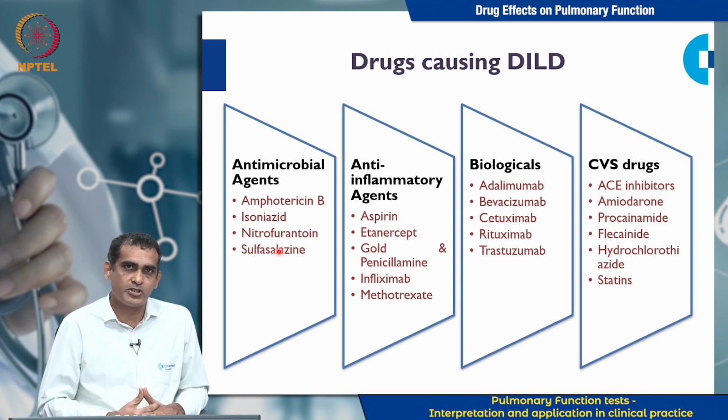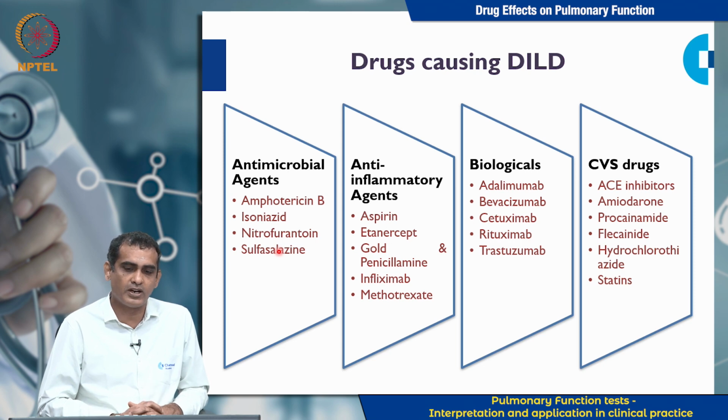Aspirin, an anti-inflammatory drug, we use it. And then we have other medications we use for treating rheumatic disorders, drugs used in rheumatology: rheumatoid arthritis, systemic lupus erythematosus, Sjogren syndrome, like gold, penicillamine, infliximab, methotrexate, etanercept. All of them have a risk of producing ILD.